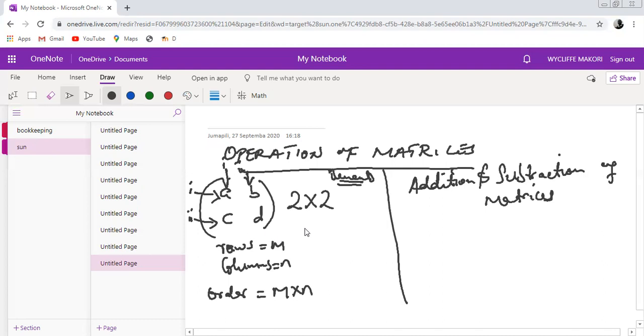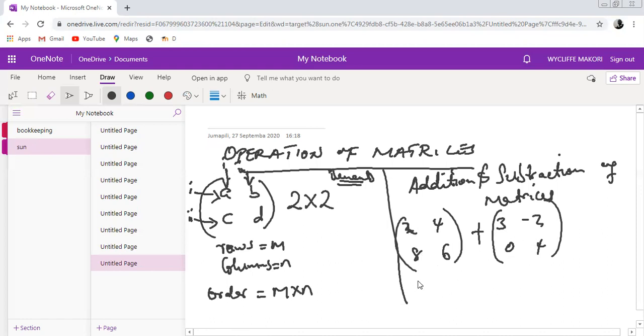So if we have, for example, 2, 2, 4, 8, 6 plus 3, negative 2, 0, 4, this one is possible because this is a 2 by 2 and this is a 2 by 2.